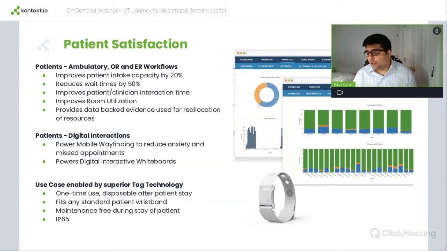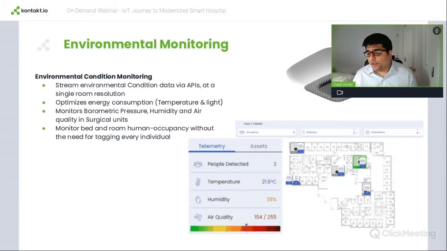So finally, I want to talk about our use case with regards to environmental monitoring. Environmental monitoring has become really popular for optimizing energy consumption in hospitals. We drive this use case using our portal beam device. It's a ceiling device that can sense temperature, humidity, air quality index, carbon monoxide, air pressure, light, motion, and human occupancy.